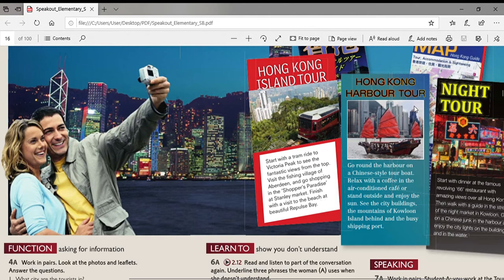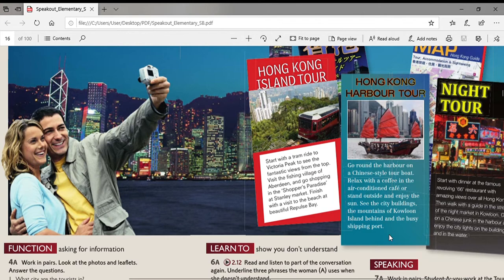In Hong Kong Harbor Tour, they can go on a tour by boat. They can relax in the cafe. They can enjoy the sun. They can see different city buildings, different mountains, and the busy shipping port.